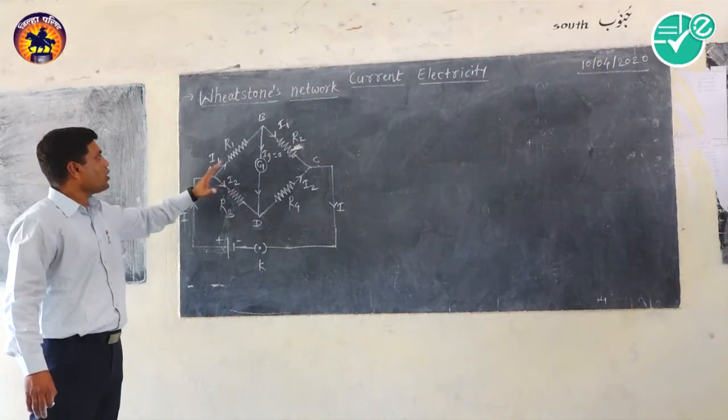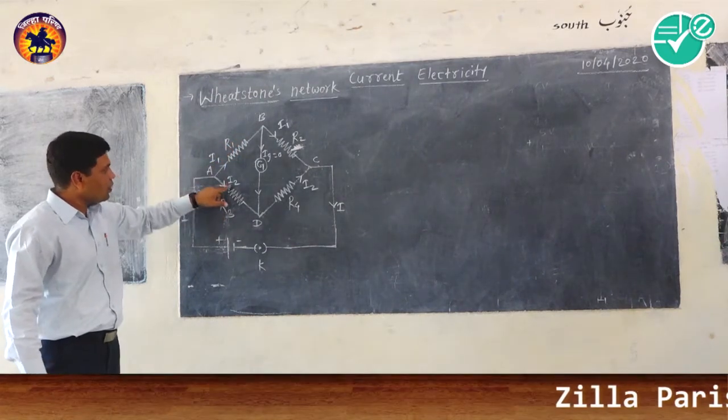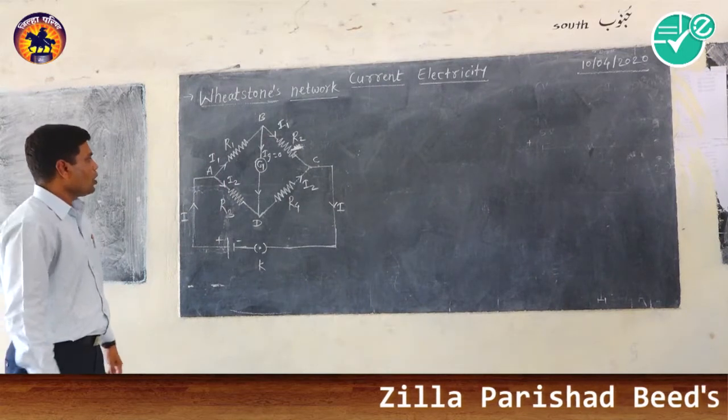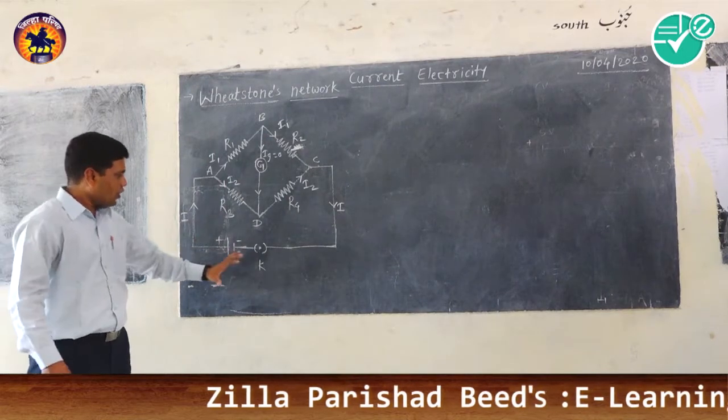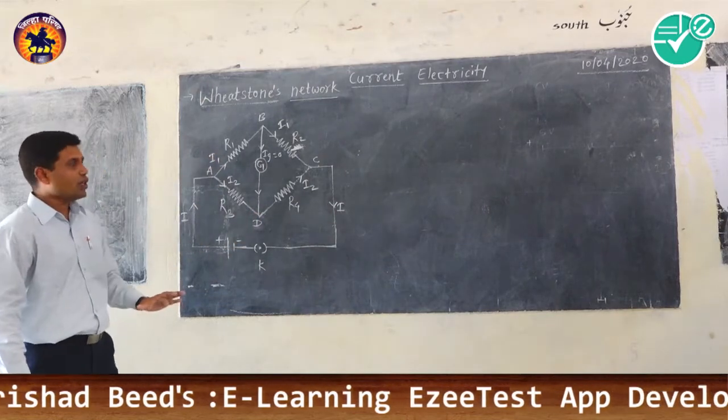Current I1 flows through the resistor R1 and the current flowing through the resistor R3 will be I2. So after closing the key, the current divides into 2 parts.